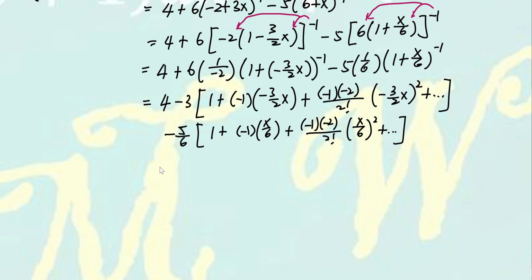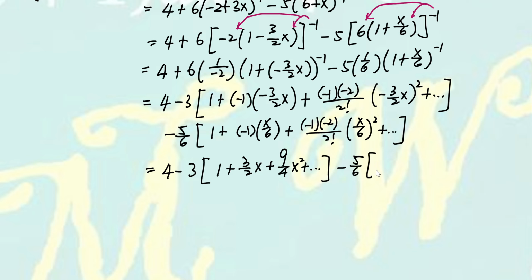Okay, so now we simplify. So I've simplified all the terms inside the square bracket first. It will be 1 plus 3 over 2x plus 9 over 4x squared. Okay. Minus 5 over 6, bracket 1 minus x over 6.